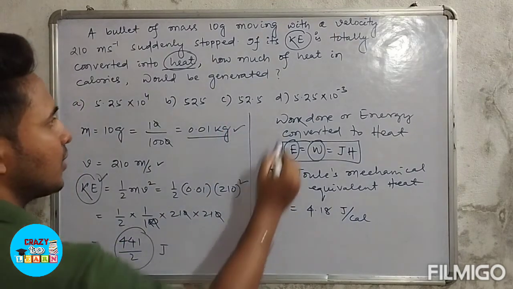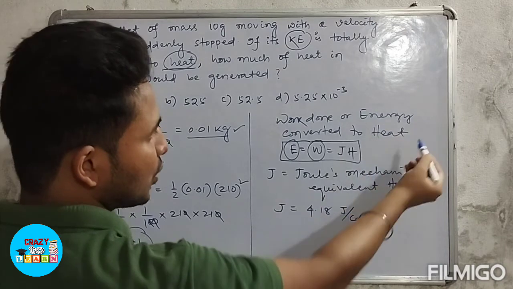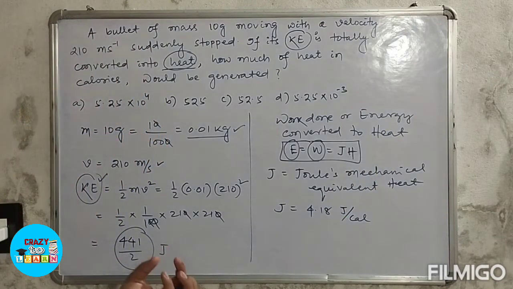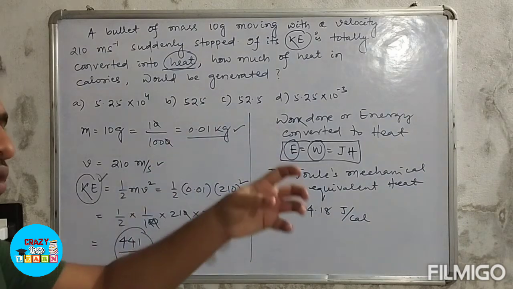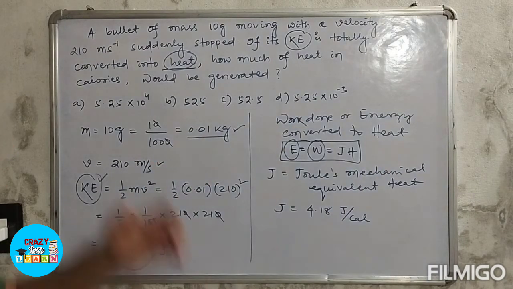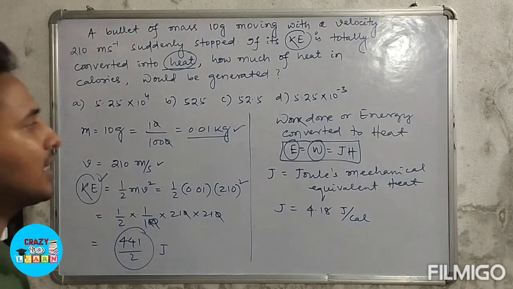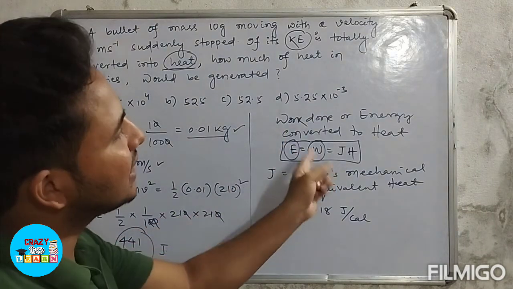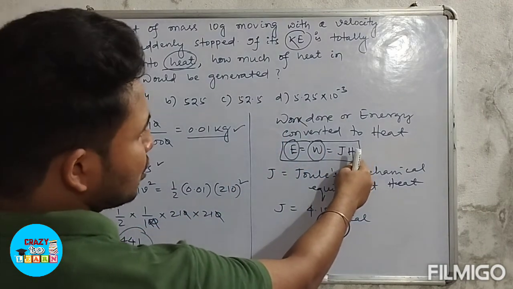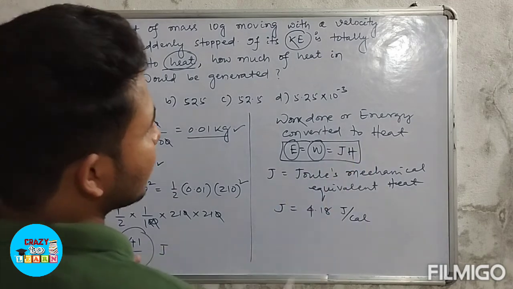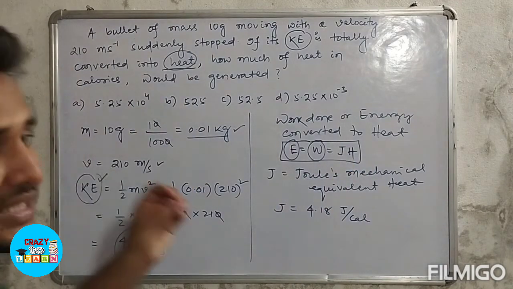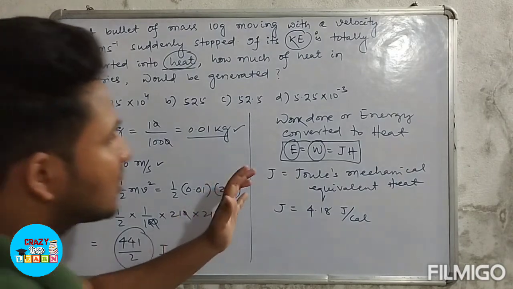When the work done or energy is converted to heat, and it is asked to you to find the heat, when some work is done or energy is given to you and this energy is converted to heat energy, how will you calculate it in that case? The E or W is equal to J into H. H is the heat produced and J is Joule's mechanical equivalent of heat, which is not a physical quantity, it is just a constant.